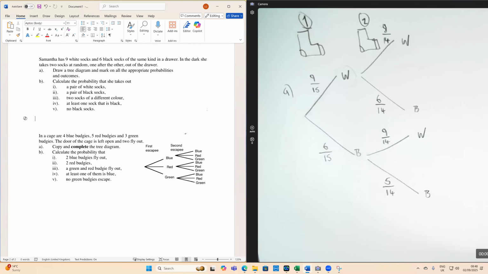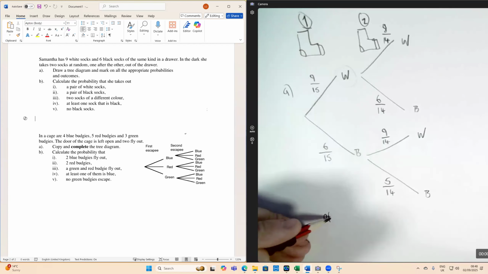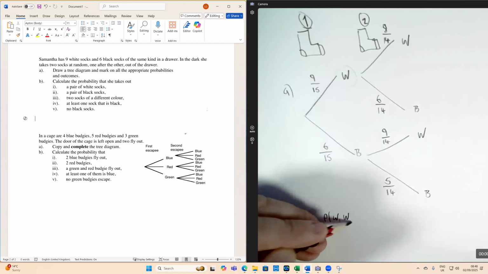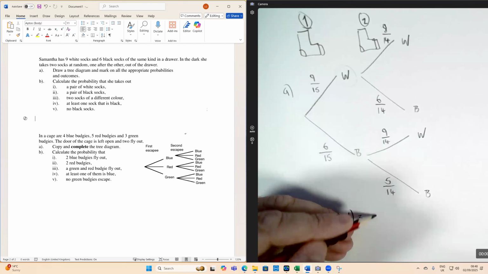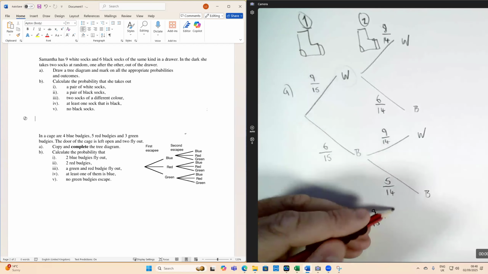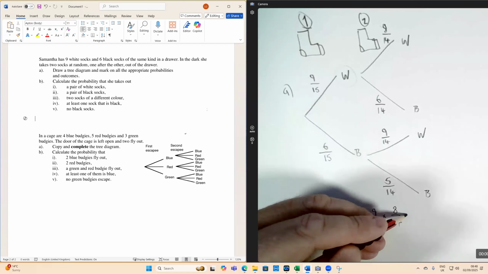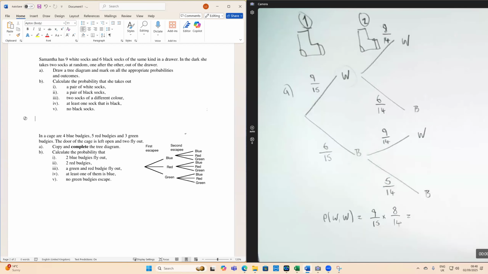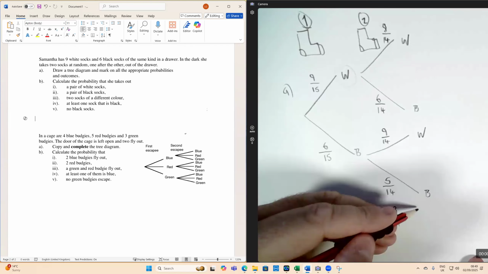Now we've got to calculate the probability that Samantha selects a pair of white socks. So that is probability of white and white. And you remember that when we hear the word and, we multiply along the branches. So we're going to do 9/15ths times 8/14ths. And what I like to do at this stage is avoid simplifying the fractions until the end.